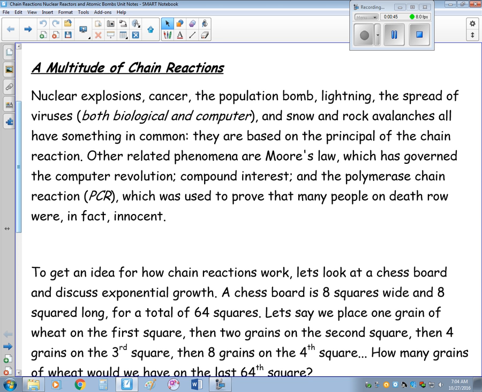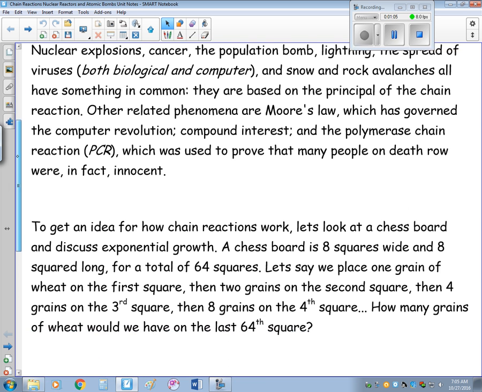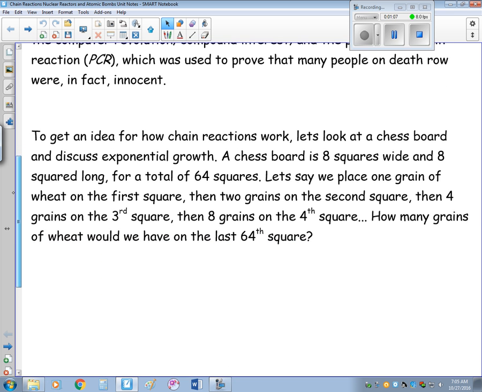Other related phenomena would be Moore's Law, which has been very, very important for the computer revolution. Moore's Law models how computing power doubles every 2 years or so.